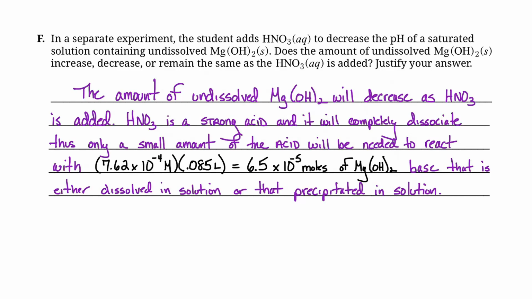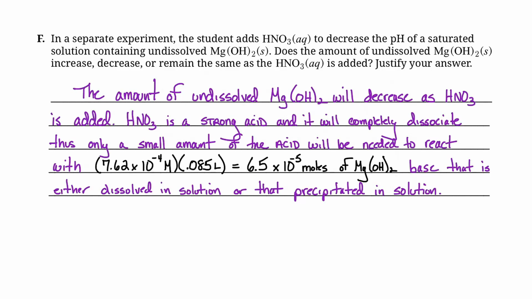And what's accepted here, I think all you needed to say is that the strong acid would definitely react with this weak base, and therefore it has to. Now they're talking about the undissolved. Why would it go after the undissolved? Well, because the amount of saturated ions is so low, the acid would definitely take over and neutralize all the moles.